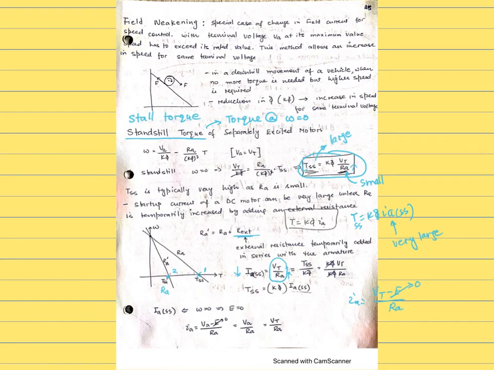So this is with the resistance RA prime, and this is only with the resistance RA. But this is only done temporarily for startup purposes to limit the amount of current. Then the external resistance is removed once the motor reaches a certain speed, because otherwise, if you keep the resistance in the circuit, it's going to lead to more power losses and less efficient operation.